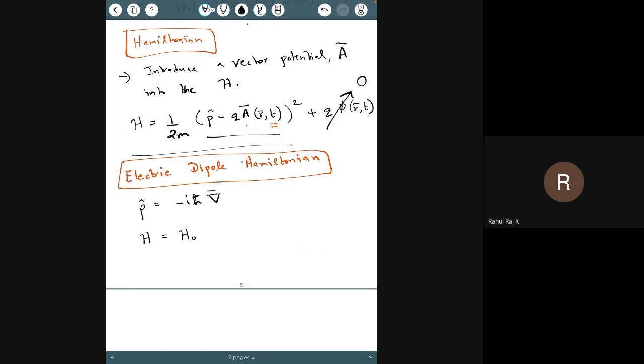If I expand this, so this also we have done before when we were talking about the diamagnetic and paramagnetic interactions.